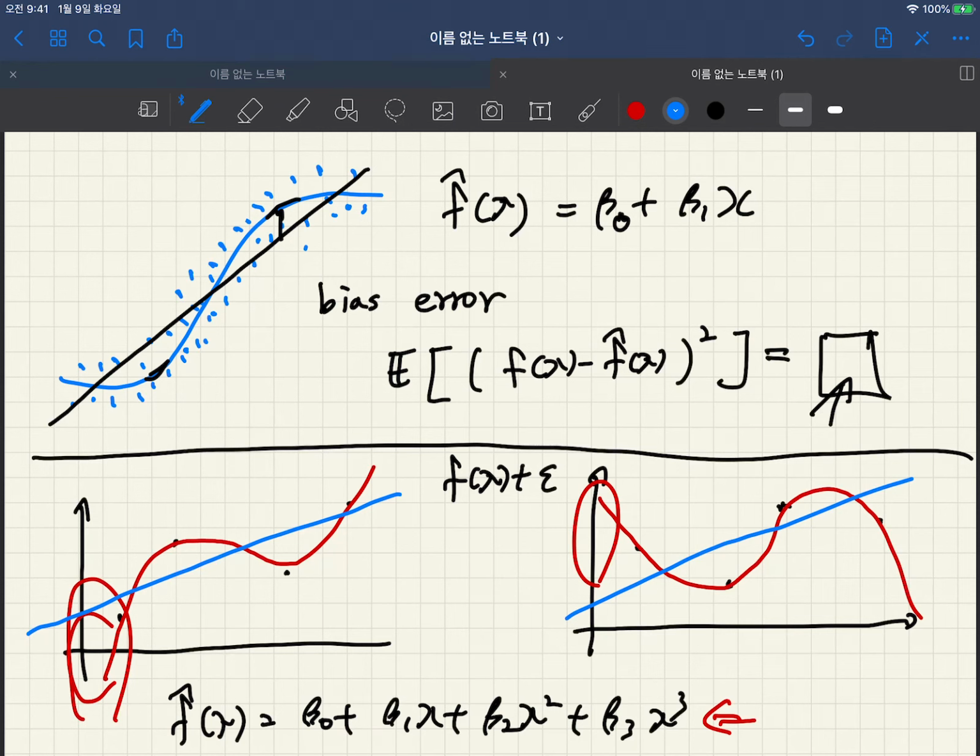But as you increase the number of parameters, or as you increase the complexity of your training model, then you will observe some huge variance because of the randomness of your training data points. So that's why the name of this error is variance error.